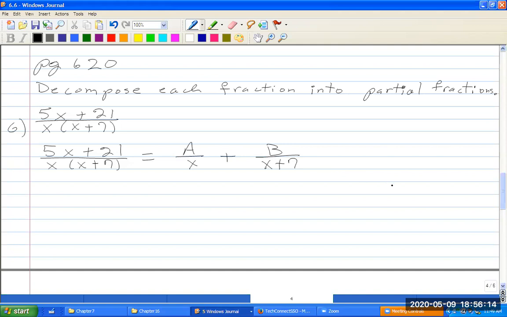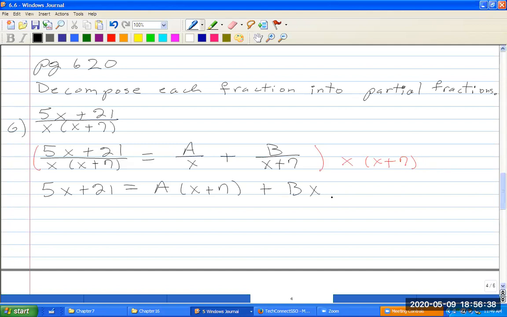Let me multiply both sides of my equation by the denominator. So then you get 5x plus 21 is equal to a times (x plus 7) plus b times x.